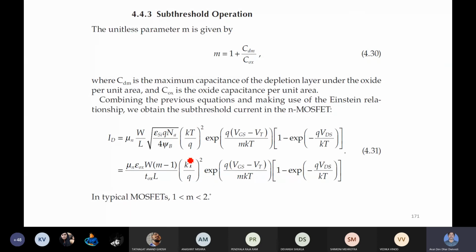All this can be given as I naught, some constant value. Then exponential of q(Vg minus Vt) by M kT. Then another term, 1 minus exponential of minus q Vd by kT. And this parameter M is between 1 and 2.